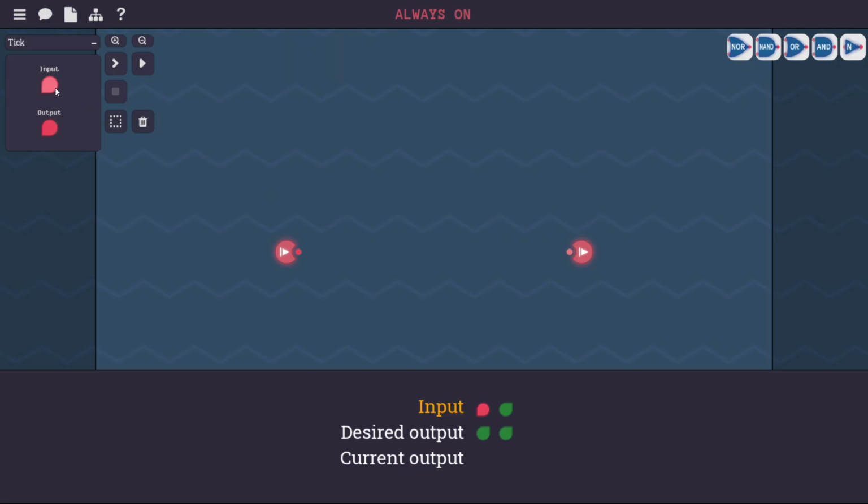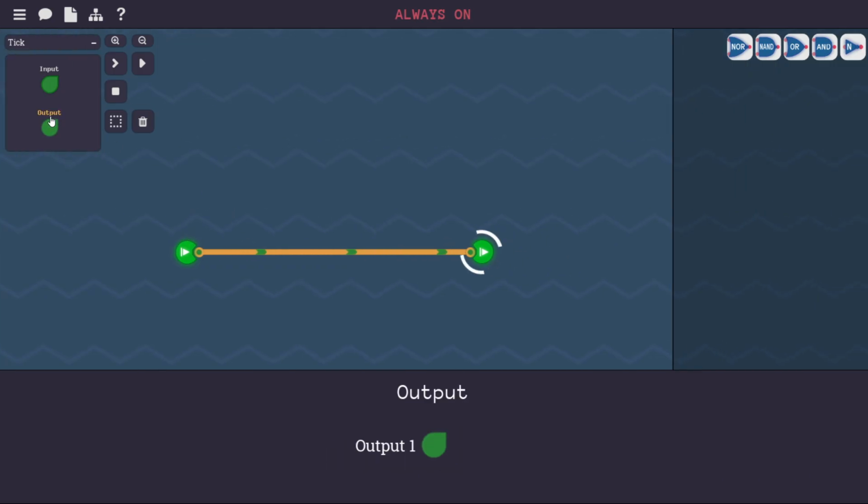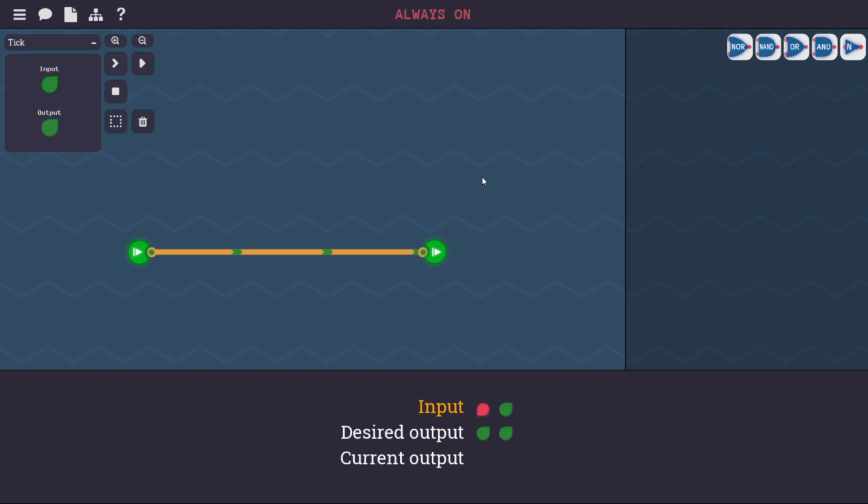In that case, if we just connect a simple wire and the input is on, this is the input, this turns on this, and you can't control the output since it's controlled by whatever is happening.